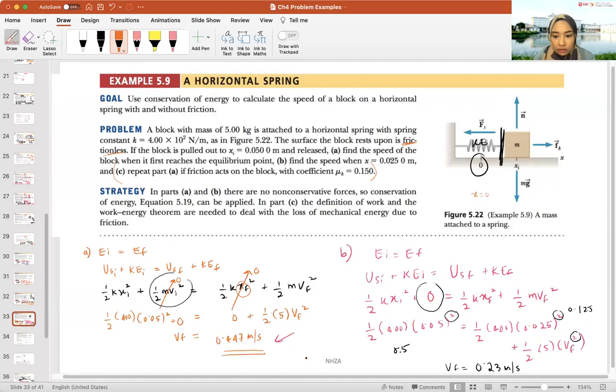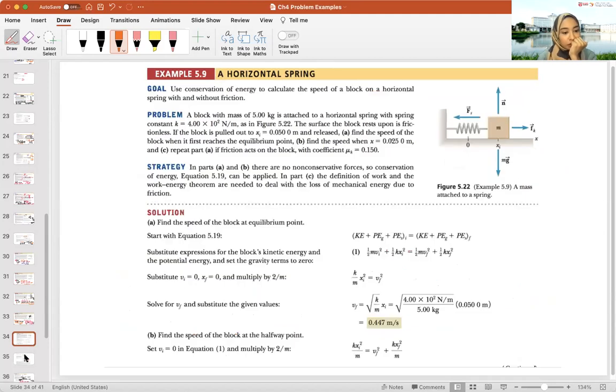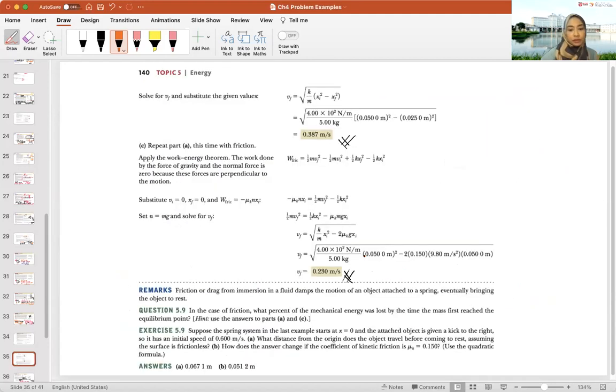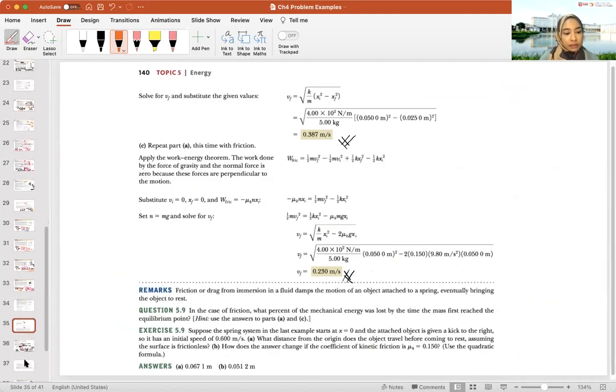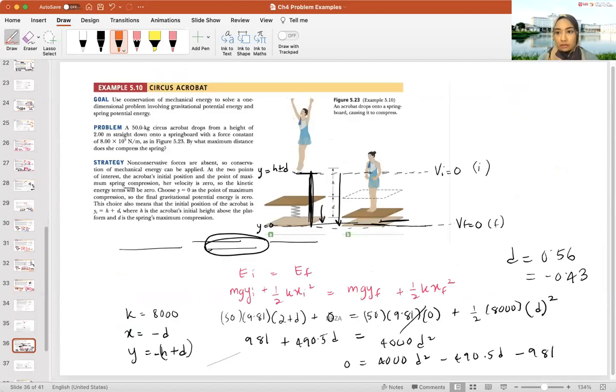Oh betul, 0.23. This is part C. So this answer is in your textbook. You can go refer to it. Tapi saya tak berapa suka cara equation dia tulis. So if you can make sense of it, that's good for you. If not, just follow what we learned in class, okay?